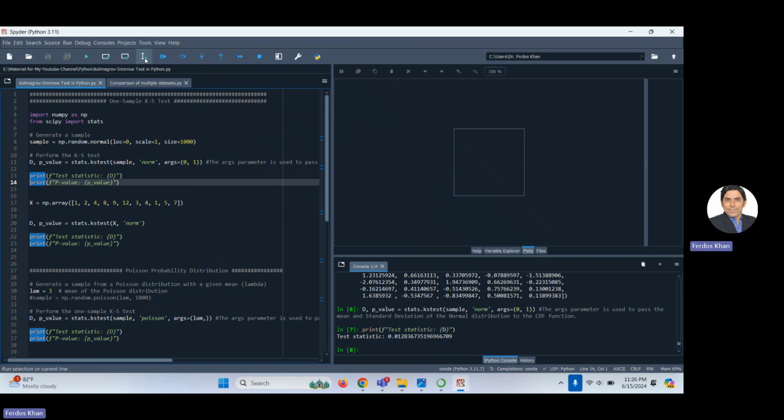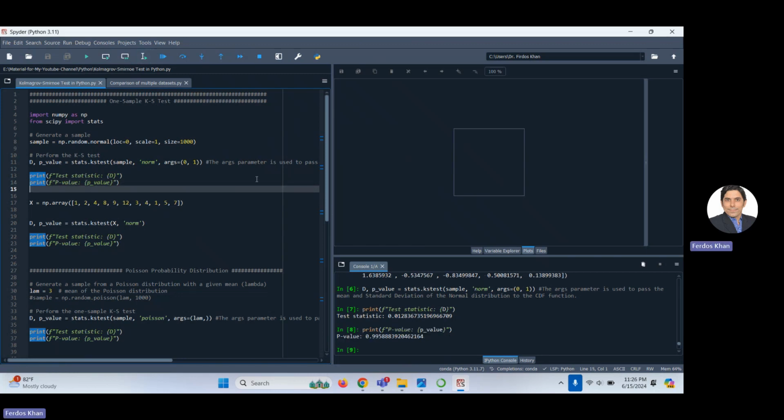But in this case, the statistic is lower, so perhaps we will have a higher p-value. Yes, that is 0.99. That's very high. So this means that the data, of course, belong to the normal distribution, as we drew from a normal distribution.